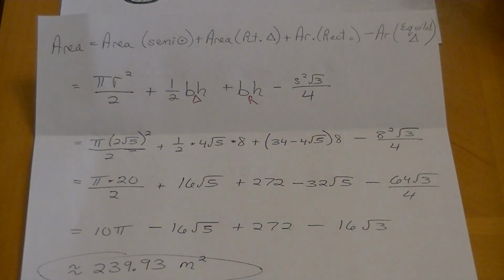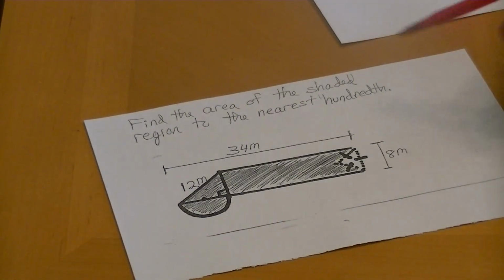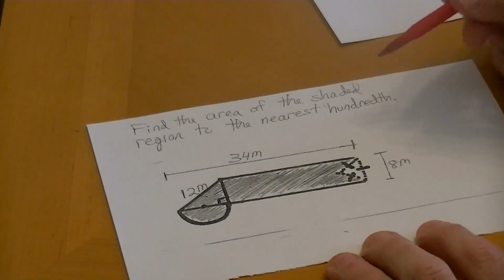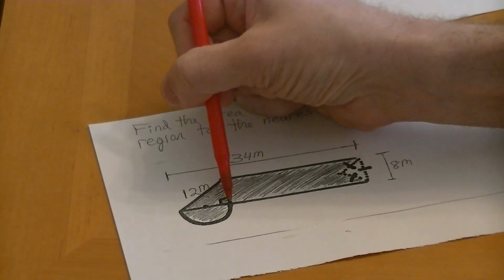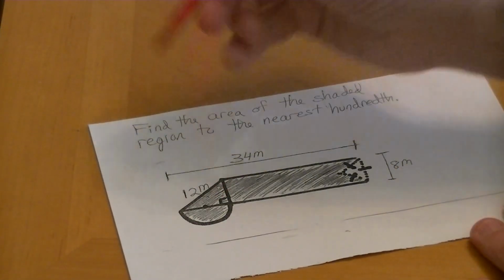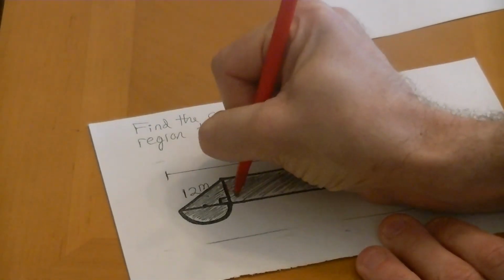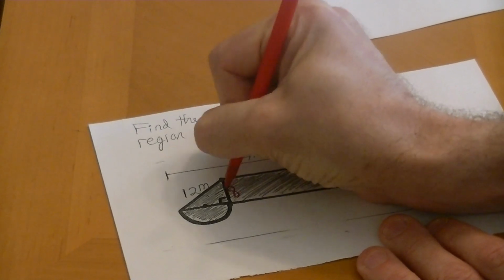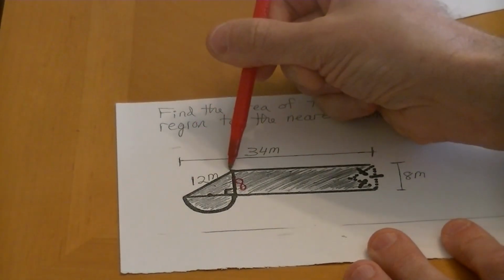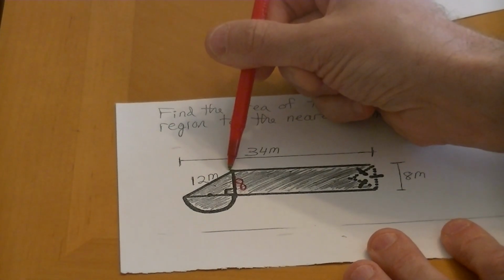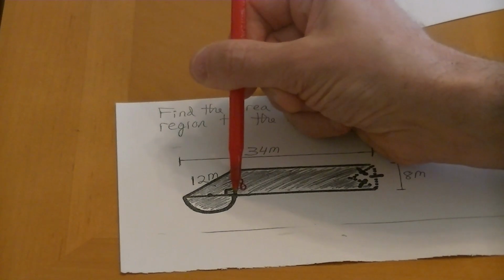So one of the issues on this is some of the values that we need are not given. For instance, we don't know the base of this triangle. Hopefully you realized that we do know this is 8. And most important topic of the year, Pythagorean theorem. We can do a Pythagorean theorem on this triangle, and we can figure out that the distance from here to here comes out to be 4 root 5.